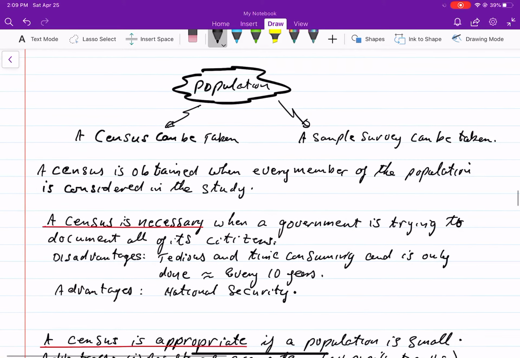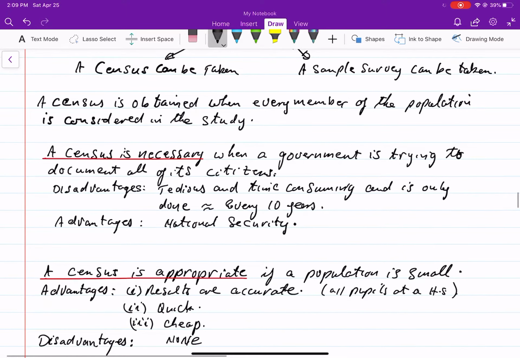From a population, we can do 2 things. We can take what's called a census, or we can take what's called a sample survey. A census is obtained when every member of the population is considered in your study. Let's look at why we would need a census. This is a classical example when a census is necessary.